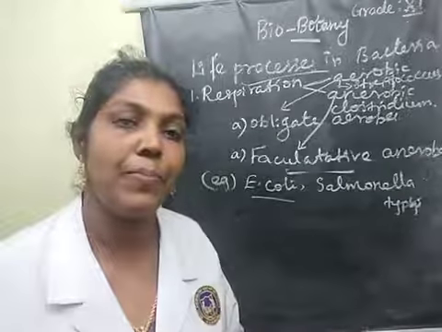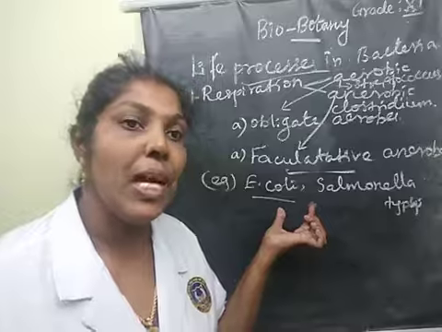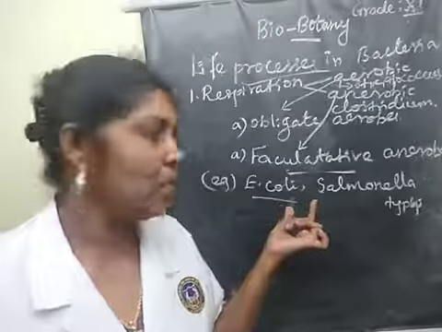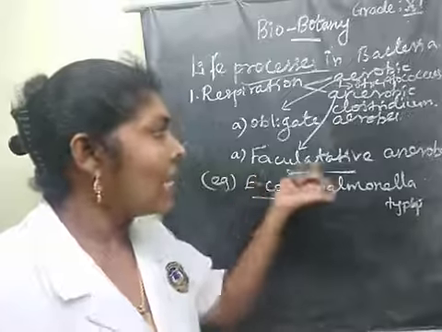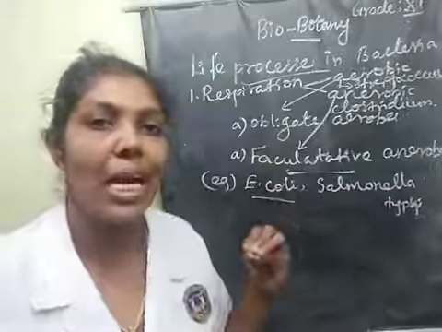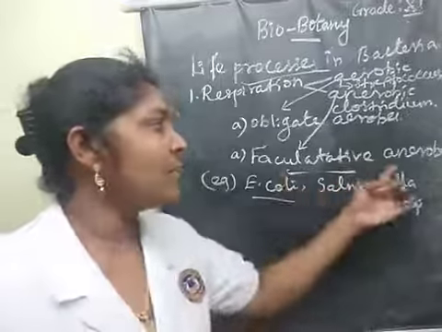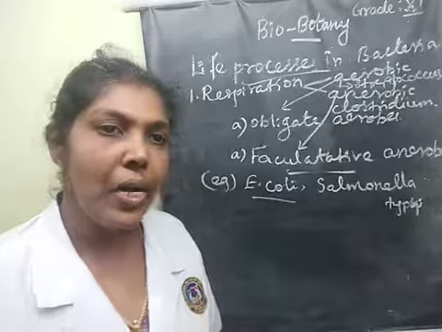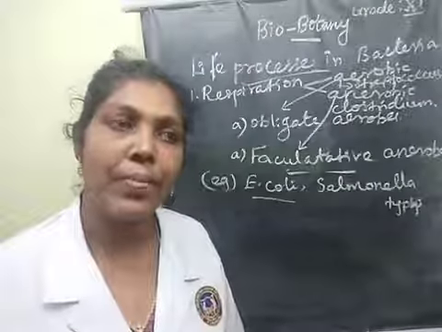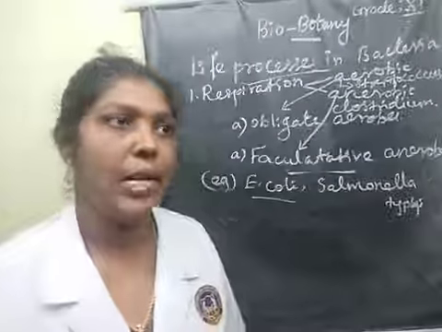After this, these bacteria cause certain diseases in human beings. Understood, children? What are the examples of facultative anaerobes, children? Very good. Escherichia coli, and the second one is Salmonella typhi. Understood? Very good, children.